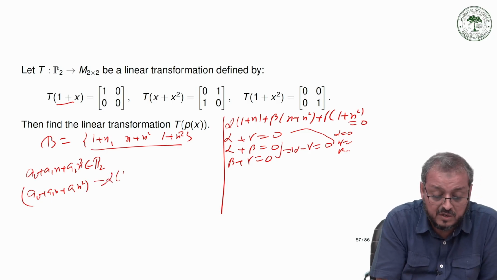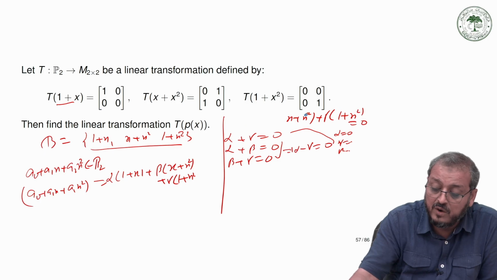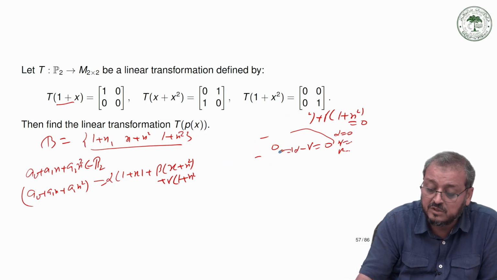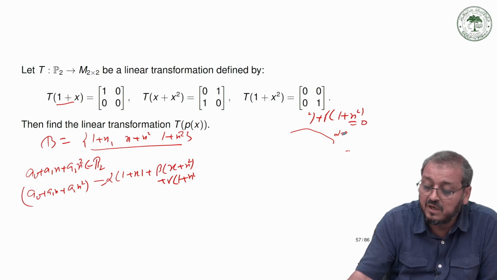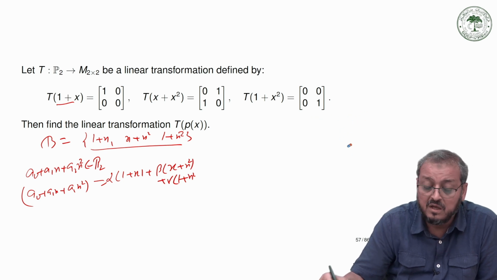So we have alpha times 1 plus x plus beta times x plus x square plus gamma times 1 plus x square. Okay, so now we have to simplify this system of equations for alpha, beta, gamma, and then substitute here and then operate T, and then we get the required result.